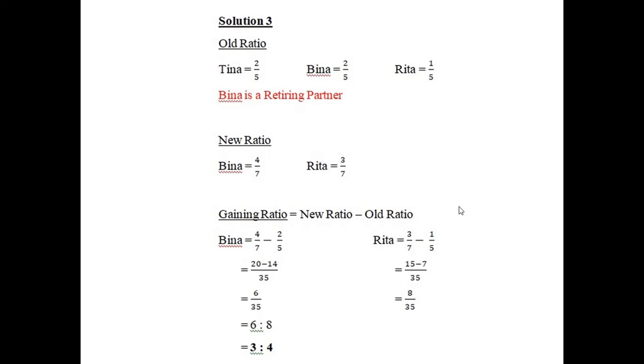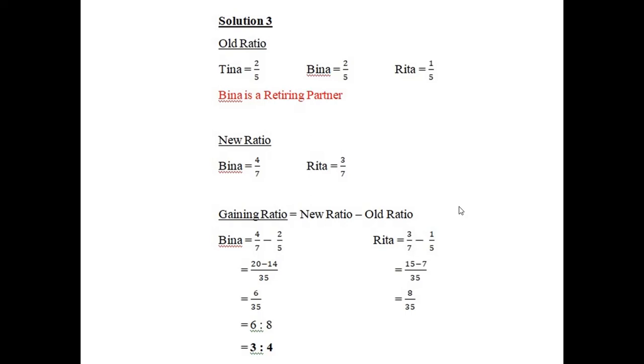Remember, in case of chapters like retirement and death, we calculate gaining ratio. Okay, so you must have heard that the external examiner comes during the board examination to check the assignment, the project work, isn't it?